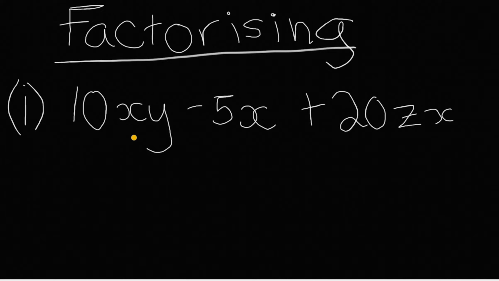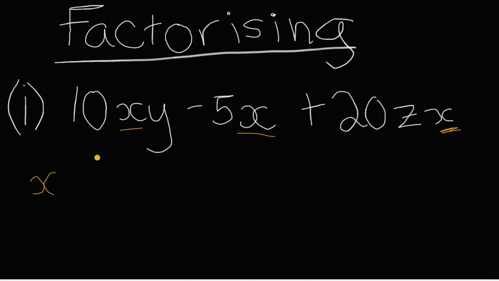What variable is in each and every single term? It's x, right? There's an x in 10xy minus 5x plus 20zx, right? So we know the first thing we're taking out is x, right?